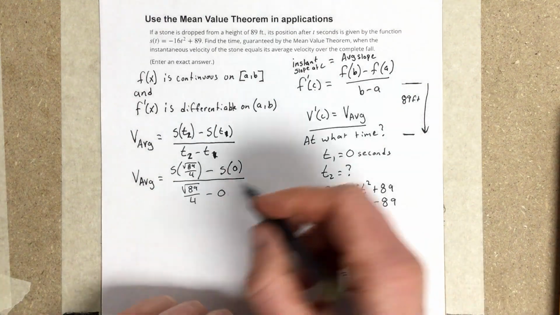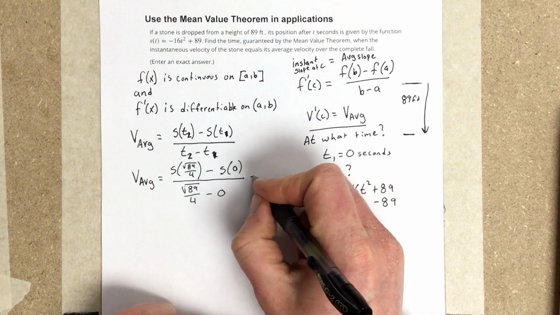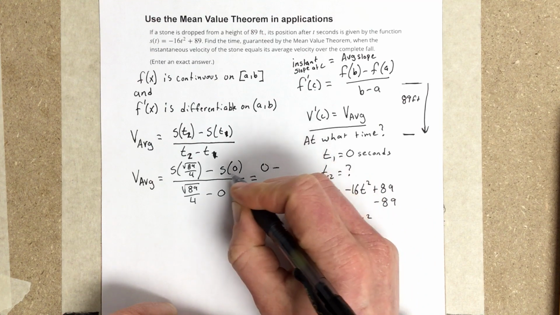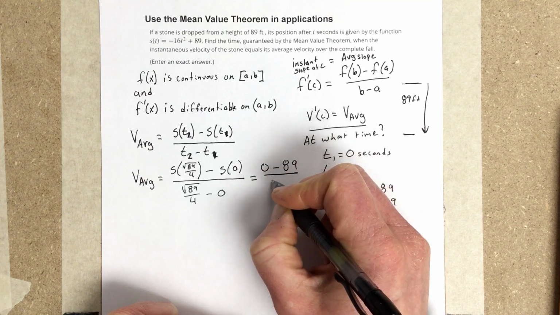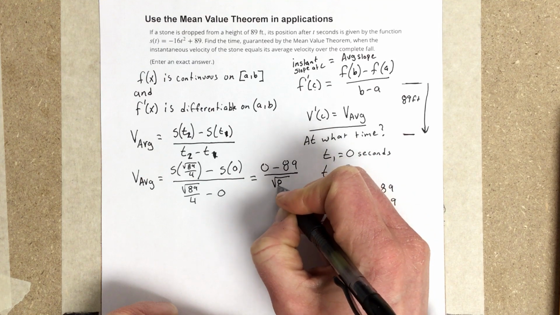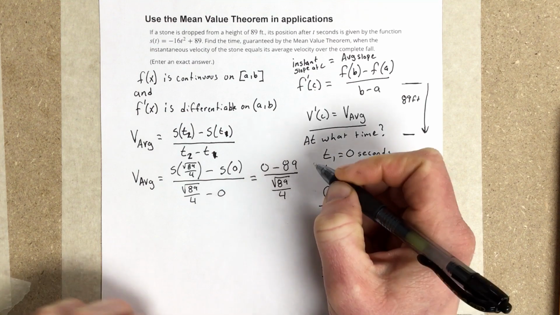So I have 0 here minus S of 0 would be 89 feet over root 89 over 4.